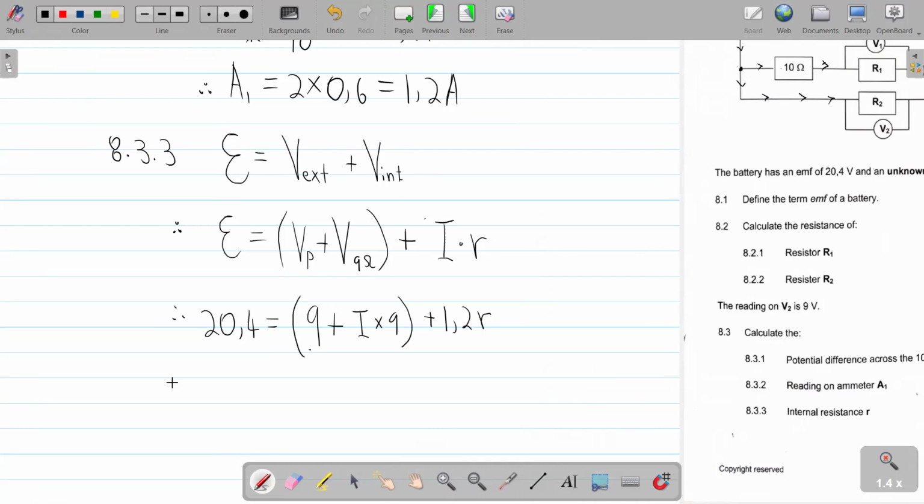So then we have, therefore, 20.4 equals 9 plus 1.2 times 9 and then plus 1.2 R.